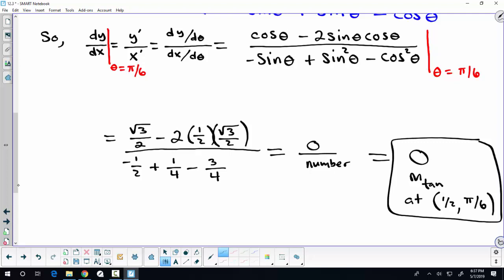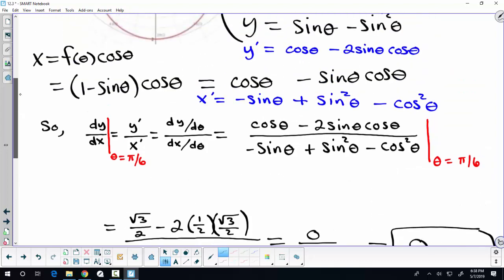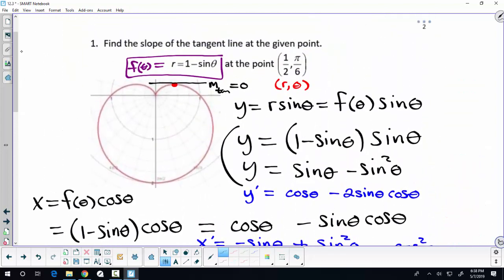So I just want to do a little reminder. When we initially derive it, when we say that y equals r sine theta, f of theta sine theta, why is the function of theta 1 minus sine theta, or when you plug it in for the x-axis, it's 1 minus cosine theta?